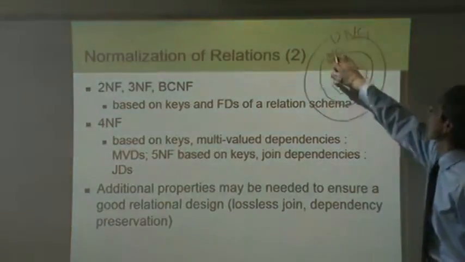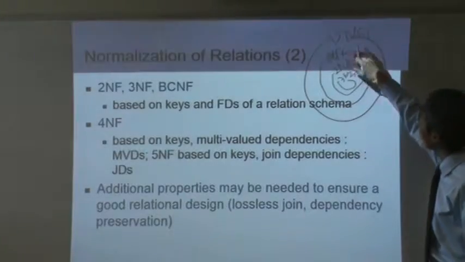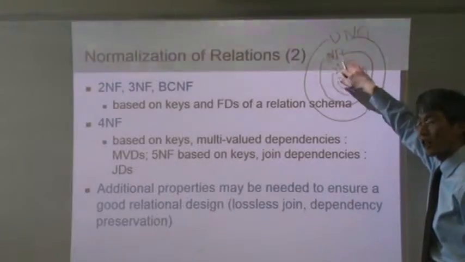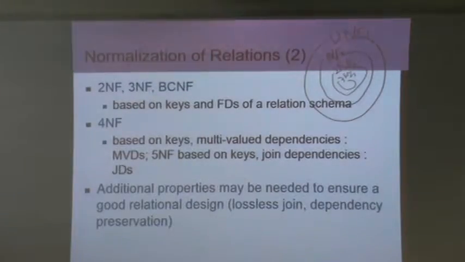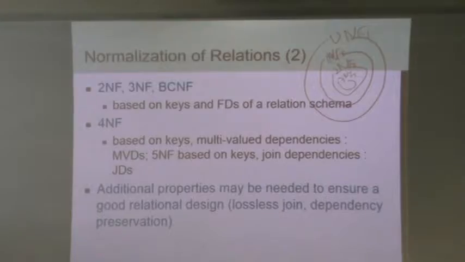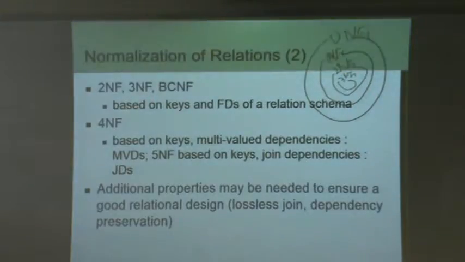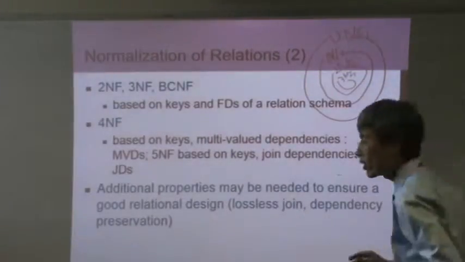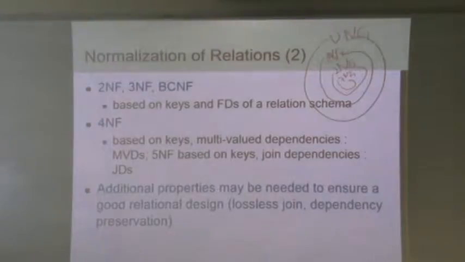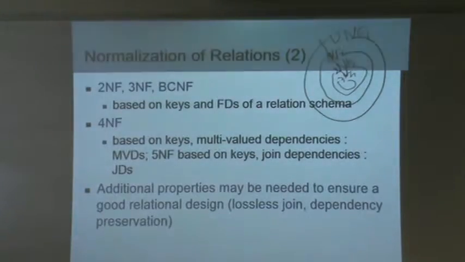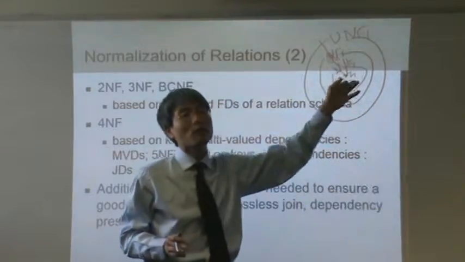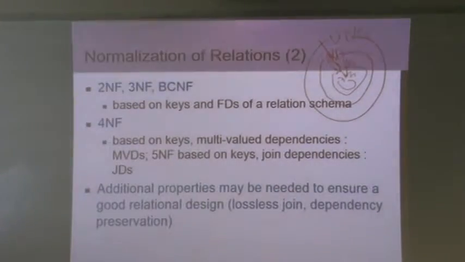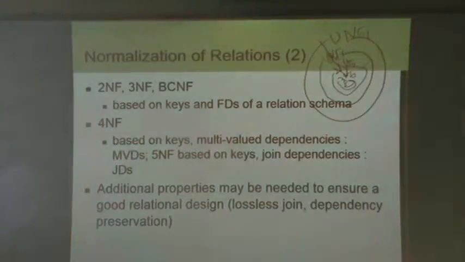Unnormalized form includes first normal form, first includes the second, second includes the third. That means if you have the third normal form, it's already first and second. Usually we start from the unnormalized form, then apply the rules, segment, then make the third normal form. Then inside the third normal form is BCNF.